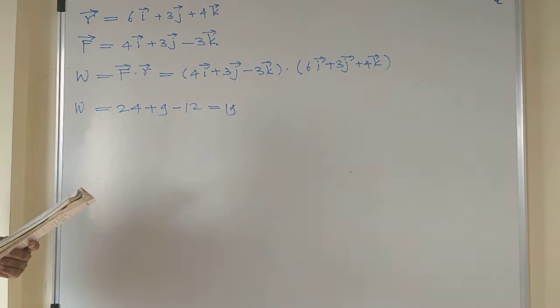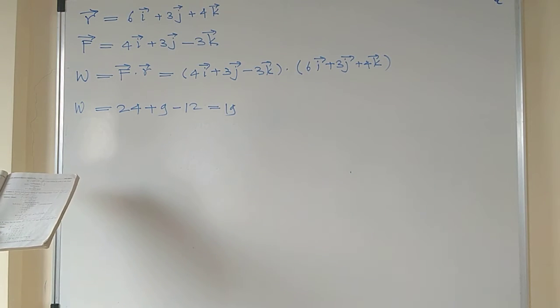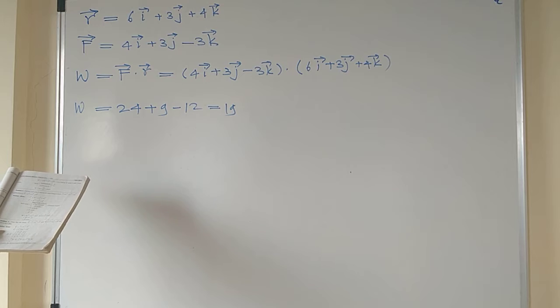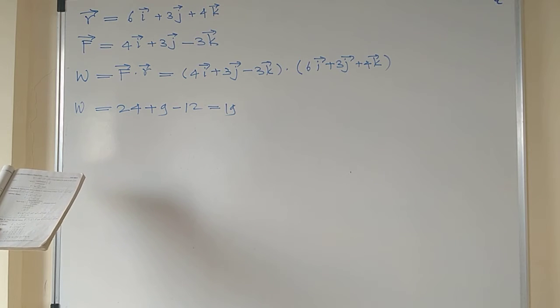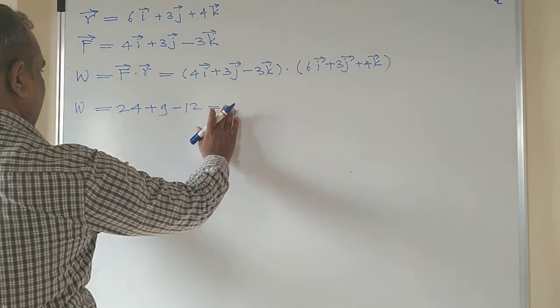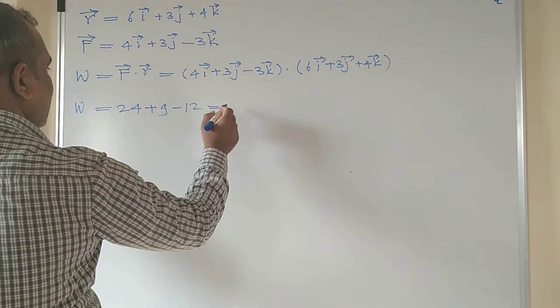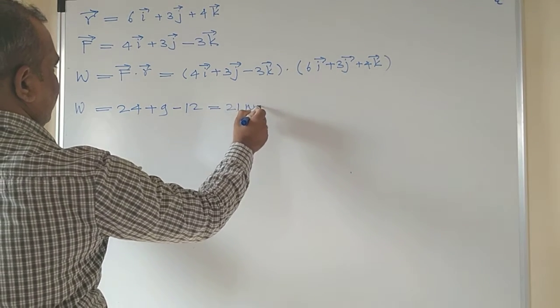We did something wrong here. The book's answer is 21 units. 6i plus 3j plus 4k dot 4i plus 3j minus 3k, correct. If you take the dot product, 6 4s are 24 plus 9 minus 12, correct. So the book's answer seems wrong; it is coming out to be 21 units there.